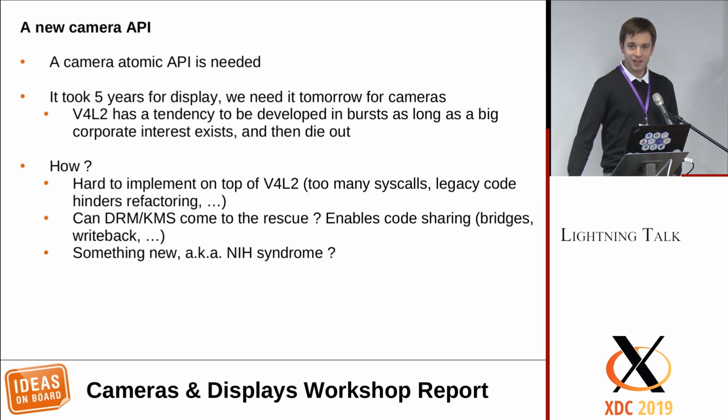It's a bit too early to tell what we need to do, but at least there was a clear interest in moving forward, of having a solution, and no rejection of going with something that would go against the usual path that we take, and something other than just extending V4L2 could be accepted, at least by the people in the room. Thank you.